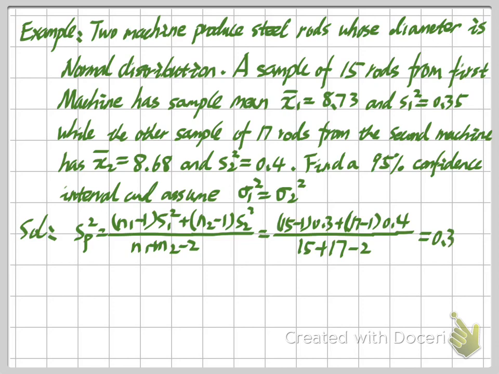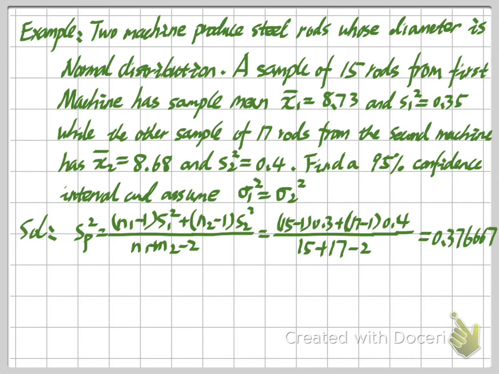The value is 0.37666, we just round this number to 0.377. Then after we have this value of our S square P, the next thing is we just plug it into our equation, right?